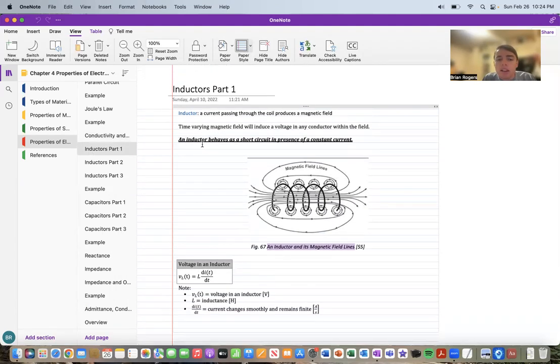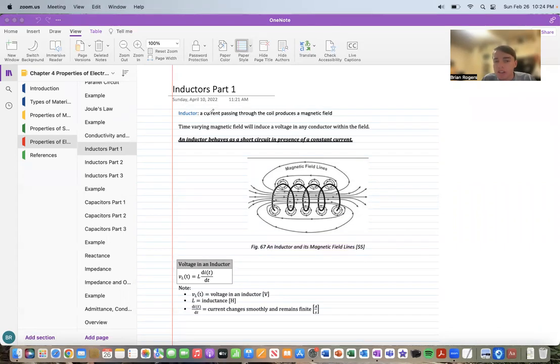Okay, now we're going to talk about two main components within electrical engineering, inductors and capacitors. And so an inductor refers to a coil. So we have a coil here. And so this coil is going to have a current pass through it in order to produce a magnetic field. And so you'll see these magnetic field lines.